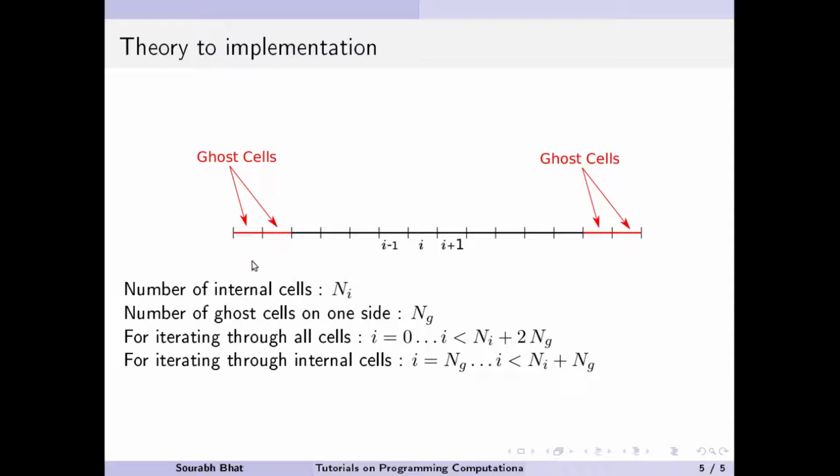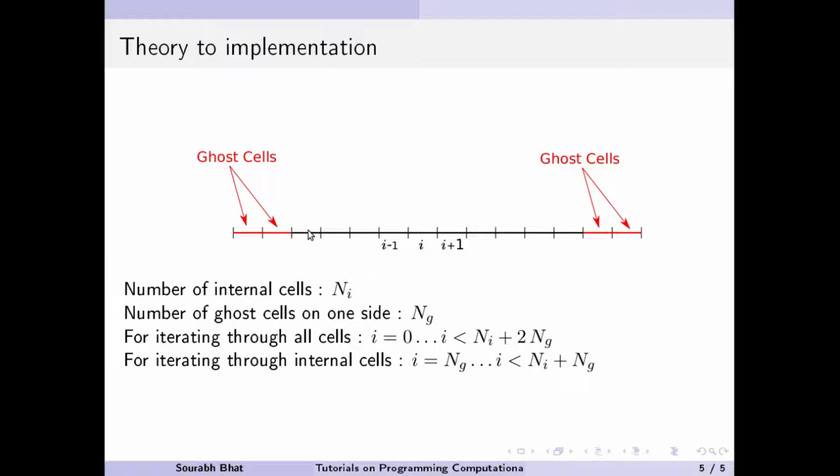So 0 and 1 will be made equal to this and this cell. So let us see which cell is this. This cell, if you see, is equal to ni plus ng. So this cell is going to be equal to ni itself. Okay, let us understand that by counting. So this should be 10, right? Because our ni here is 10.